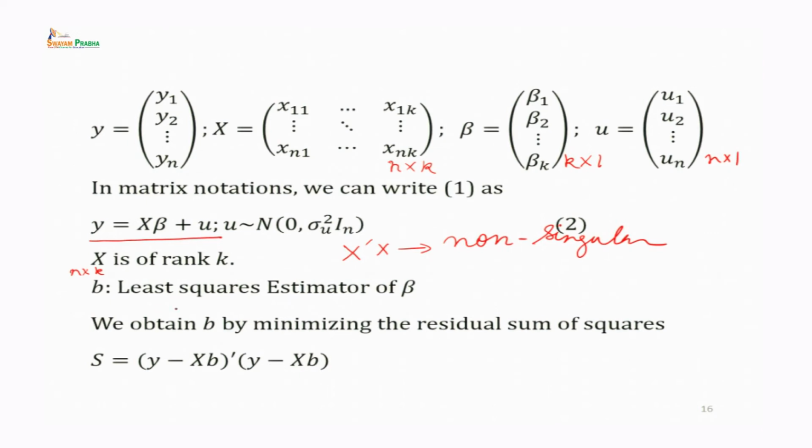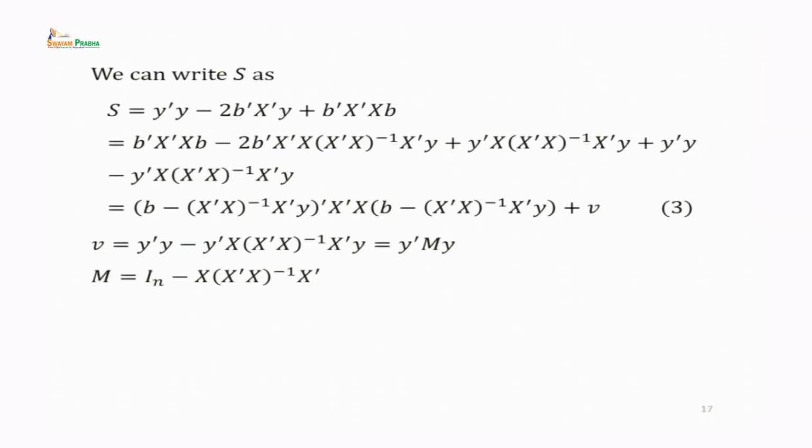And suppose b is the least squares estimator of beta. So, your problem is to obtain this b, and we obtain b by minimizing the residual sum of squares S equal to (y minus X b) transpose (y minus X b). So, for obtaining b, we minimize S. Now, we can write S as (y minus X b) transpose (y minus X b).